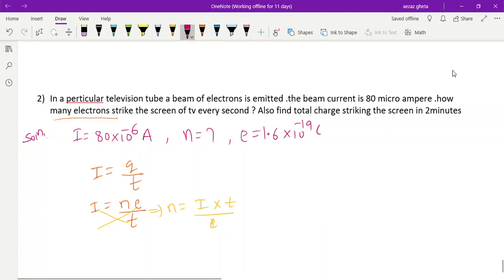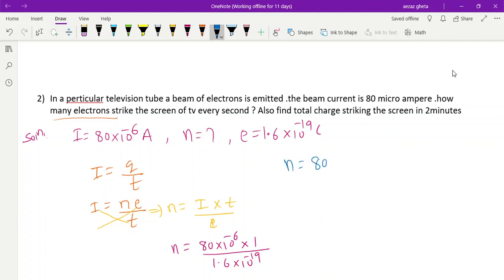So now N is equal to I, which is 80 into 10 power minus 6, and time they have given is 1 second, each second. e is 1.6 into 10 power minus 19. So N is equal to 80 into 10 power minus 6 into 10 power positive 19 divided by 1.6. N is equal to 80, and 10 power 19 minus 6 becomes 13, divided by 1.6.